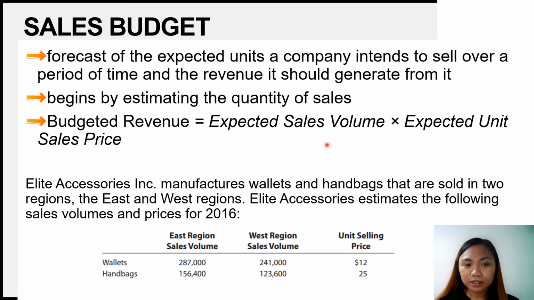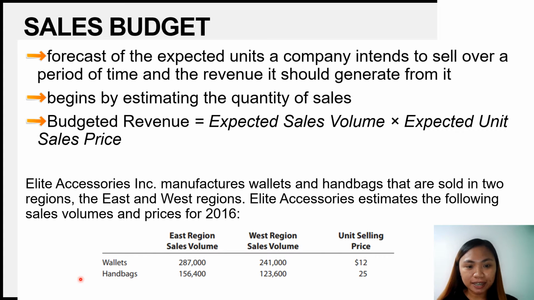So to illustrate, assume that Elite Accessories Incorporated manufactures wallets and handbags that are sold in 2 regions, the East and West regions. Elite Accessories estimates the following sales volumes and prices for 2016. So for the wallets, the estimated sales volume in the East region is 287,000, while for the West region, it is 241,000.